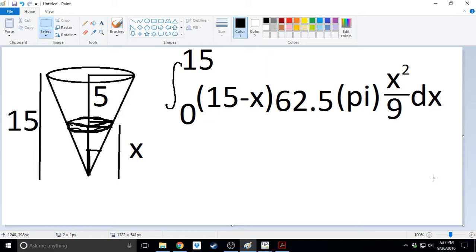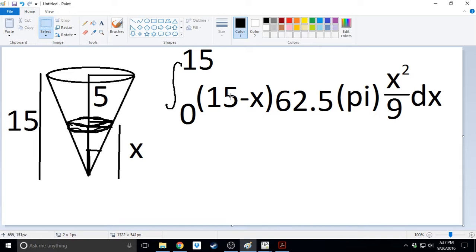The other thing you'll have to know is that the acceleration due to gravity is 9.8, and that there are 1,000 kilograms of water per cubic meter. So if you're working in metric, you're going to need to multiply by both.